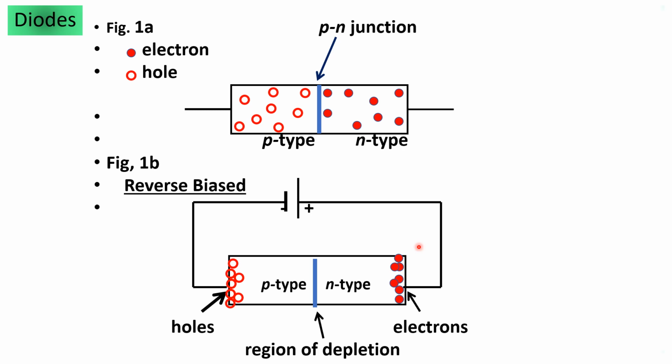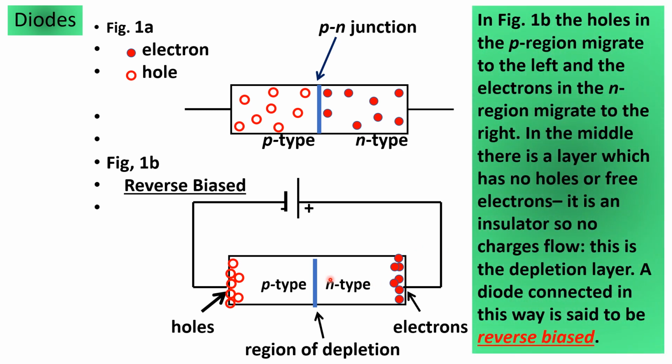So, to summarize, in this figure, letter B, the holes in the p region migrate to the left and the electrons in the n region migrate to the right. In the middle, there is a layer which has no holes and no free electrons, so it becomes an insulator. No charges can flow. This is the depletion layer.